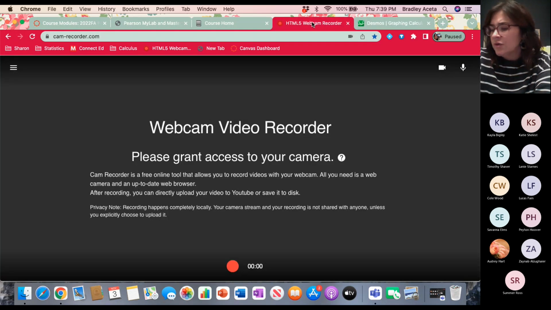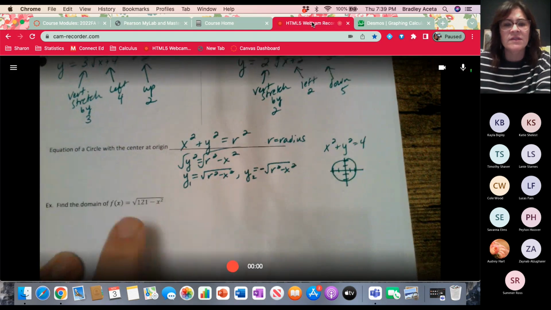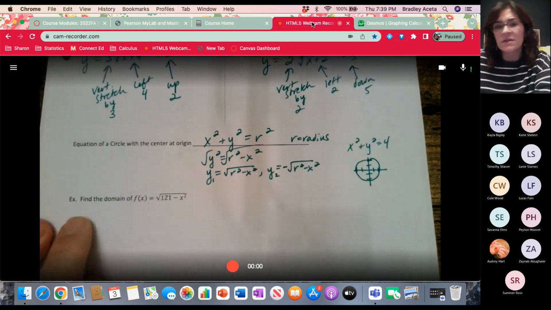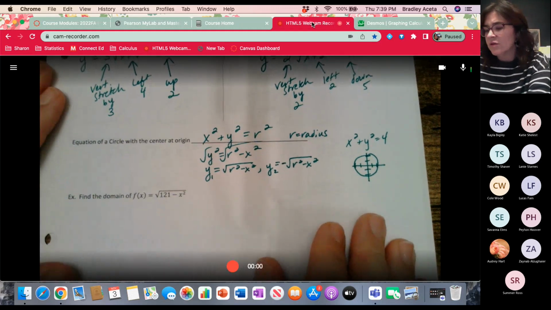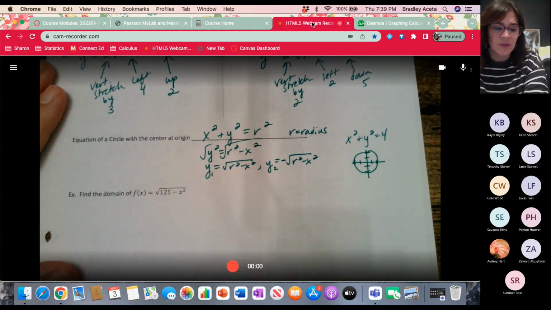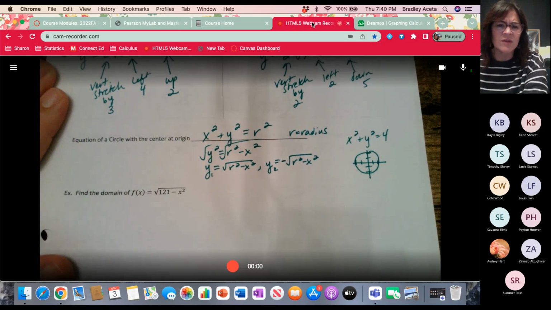But the reason why I showed you that was because of this next example right here. It says, okay, find the domain of f of x equals the square root of 121 minus x squared. And what I noticed was that 121 is actually a perfect square. The square root of 121 is 11.